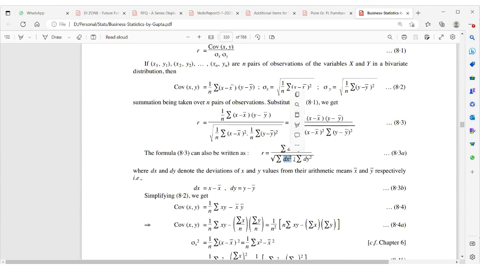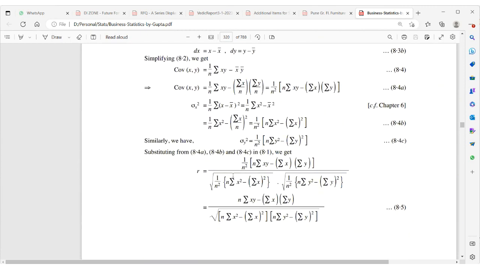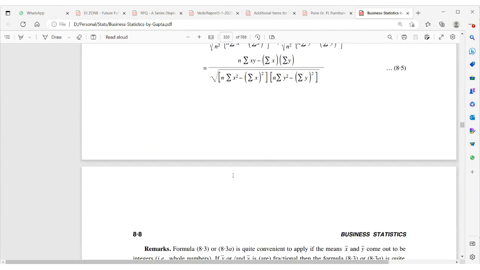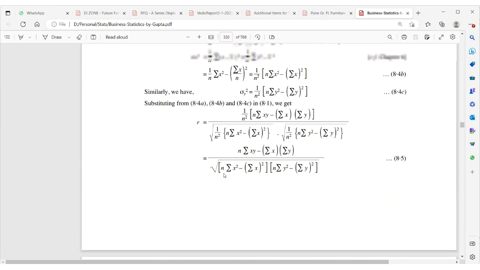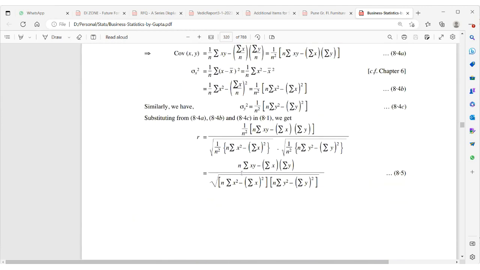No, leave it, because this dx is x minus x bar. So you must take this formula, the last one, this one, right?